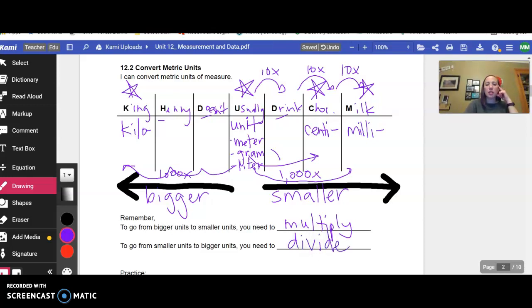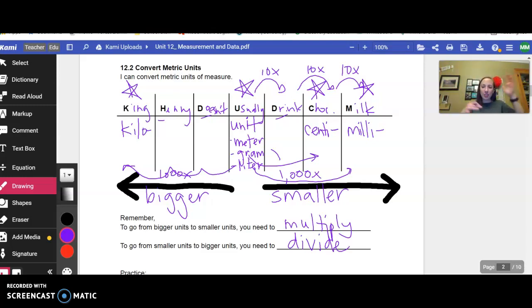Remember, if you need to pause this to get some of it down, you can always do that. So if you need more clarification, I can always write down like kilometers are 1,000 times bigger than meters. Or there's 100 centimeters in 1 meter. There's 1,000 milliliters in 1 liter.